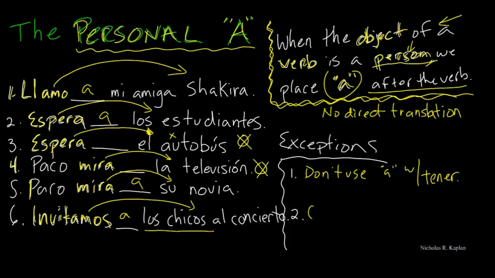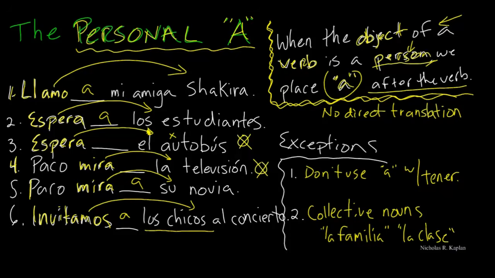The second thing is with collective nouns. So those would be things like la familia or la clase. Right, so collective means this one noun represents a lot of people. So let's go back and look at this example in the context of what we had, at number six again.